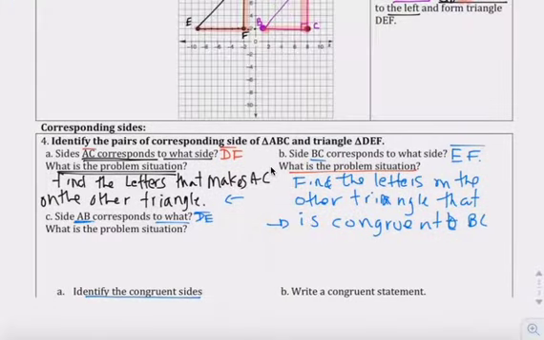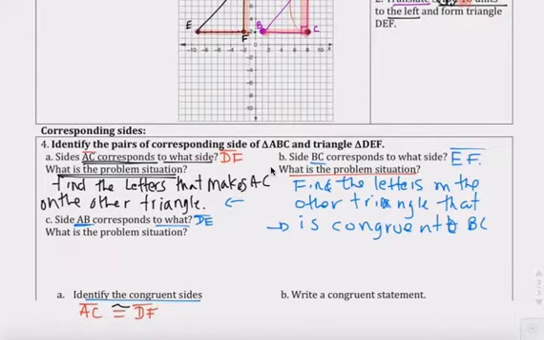So we know congruent sides. Line segment AC is congruent, the equal sign with the little squiggly, to DF, because these and these are congruent.